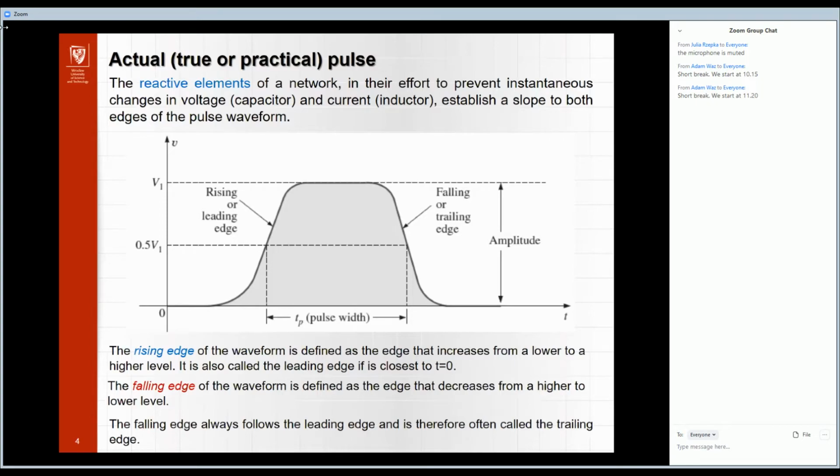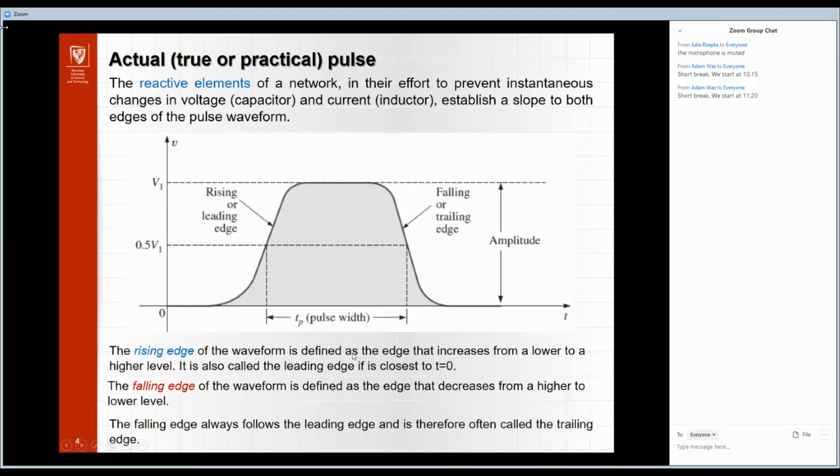And so we have here the definitions. What is the rising edge? Of course, when a signal goes up, it is rising, and when the signal decreases, it is the falling or trailing edge. The falling edge always follows the leading edge. So it is such a definition. Sometimes it is safer to use the rising or falling edge.